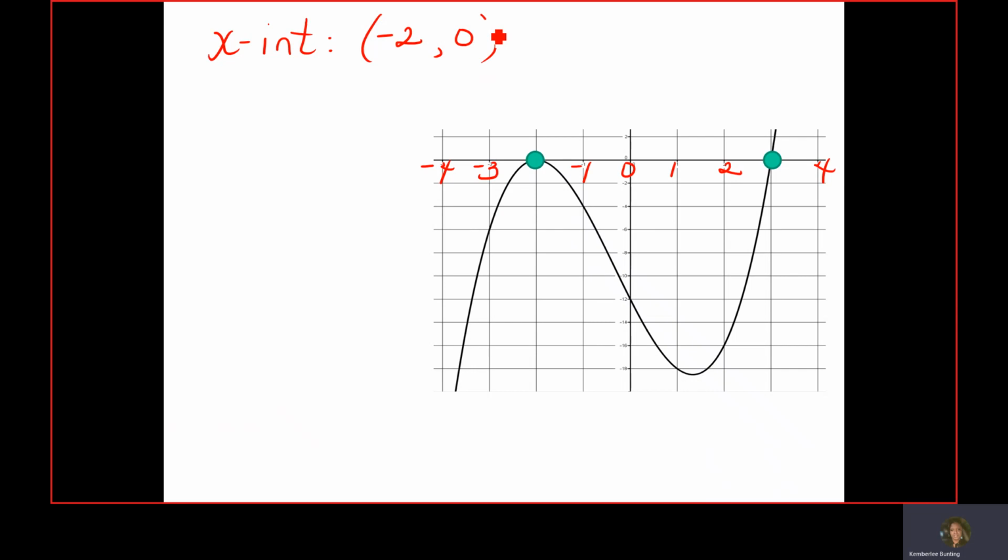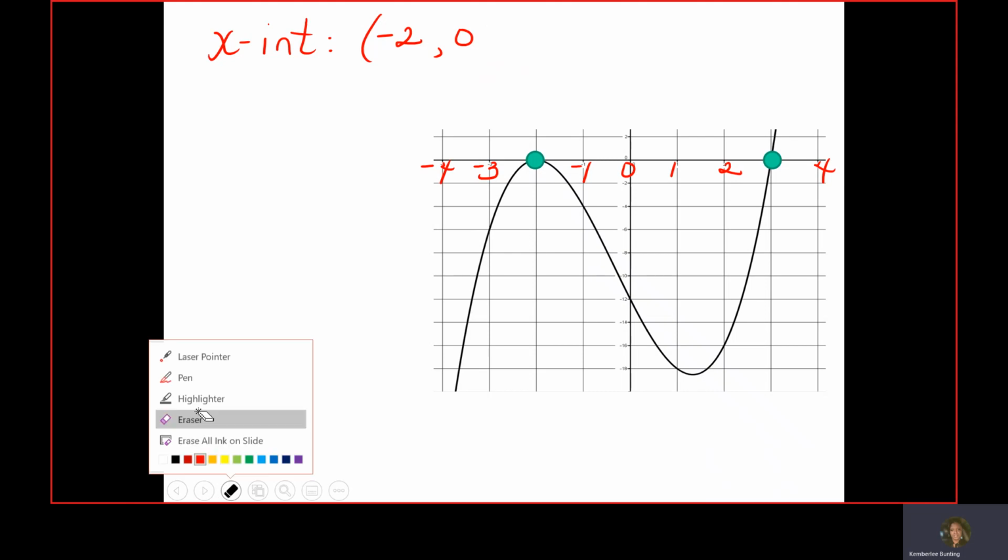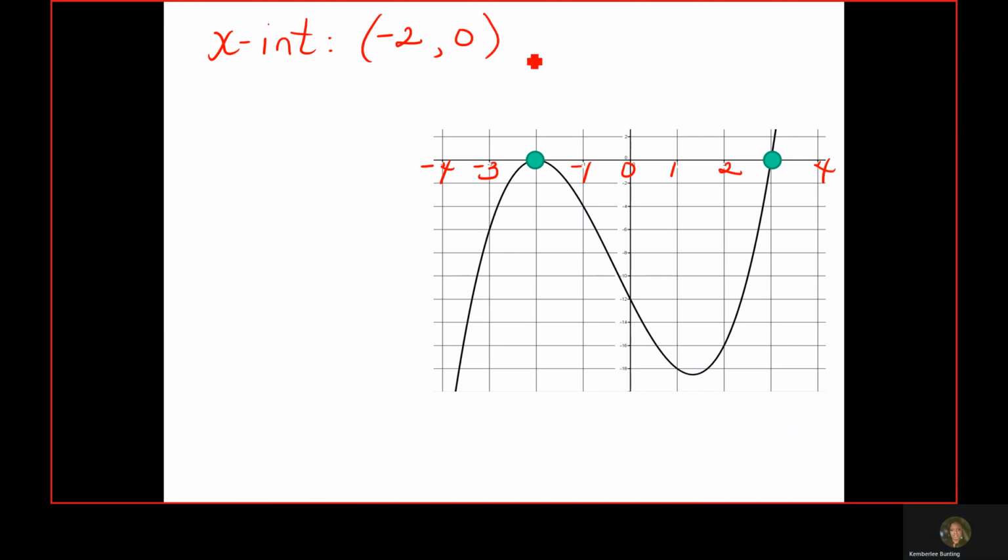I asked you for the intercept. When I asked you for the intercept, get the point. Very good, Miriam. But if you said -2 and 3, you're halfway there. All you got to do is name the full point. So it's -2, 0, and where else? 3, 0.